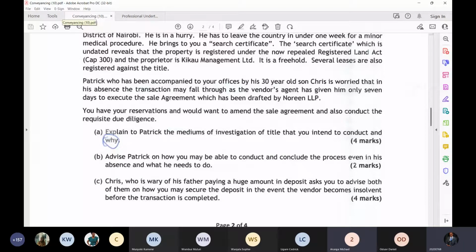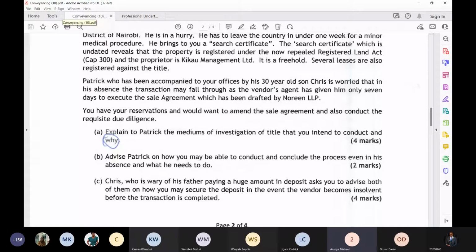Solonka? Yes? In this question, when you talk about the power of attorney, are you supposed to advise Patrick which one he should give you? Like, should you say that you prefer, as his advocate, a general power of attorney versus a specific one, or is it worth mentioning which power of attorney is preferable, or leave it at mentioning the various types?